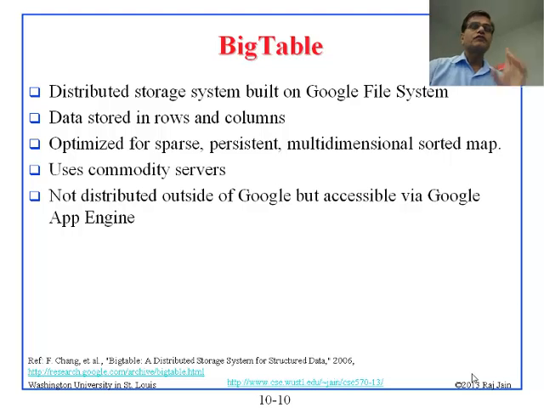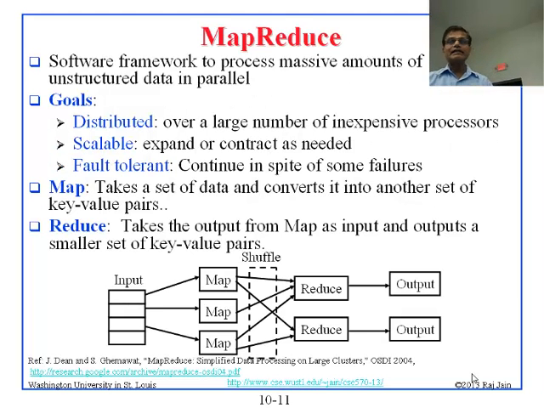Right? So first we saw a file system, then we saw a database system in some sense. Then they have a methodology called MapReduce. Again, this is another Google paper. And MapReduce said, how do you really analyze a big amount of data?